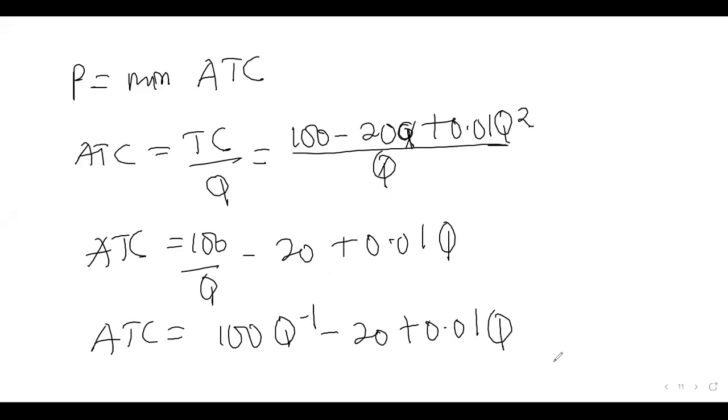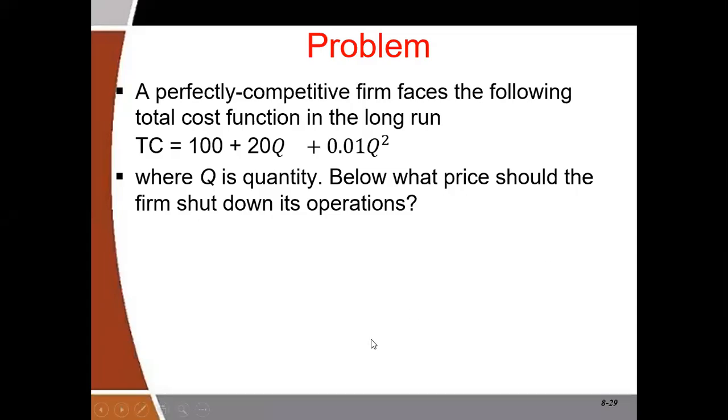The average total cost function, let me just check. I was just trying to look at the figures. It looks like the equation I chose, the answers will not make sense. So let's make a slight correction to the question. Let's make it 100 plus 20Q plus 0.01Q squared, not minus 20Q, because if we do minus 20Q, the answers will not make sense.